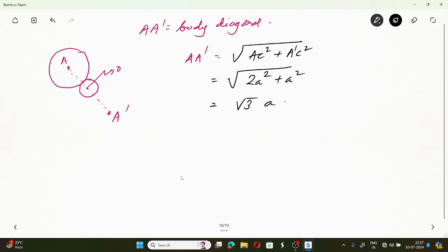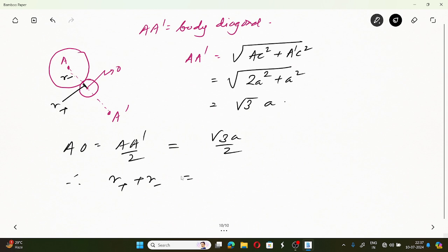Now we know that AO is A dashed by 2, because O is the center. So this is root 3A by 2. Now what is AO? Radius of anion plus radius of cation. Therefore we can say that AO, radius of cation plus radius of anion, equals root 3A by 2.